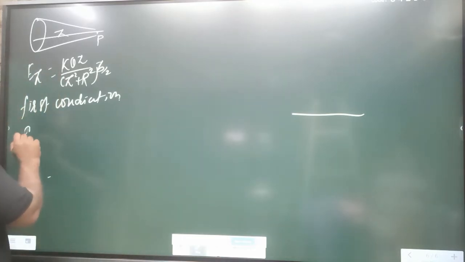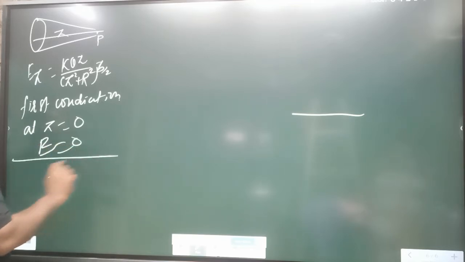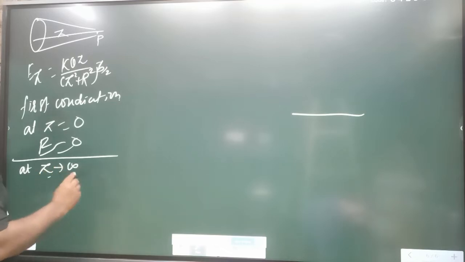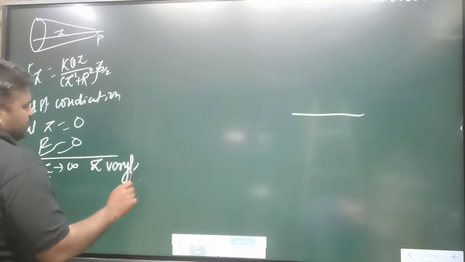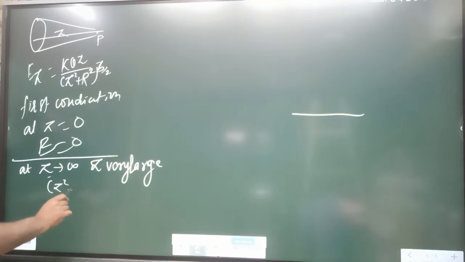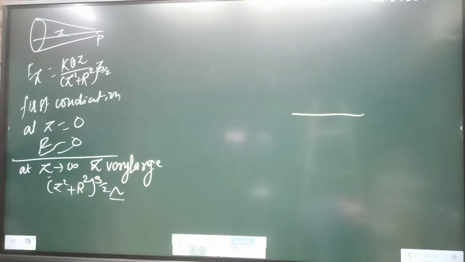First condition, z tends to 0. At z tends to 0, E is equal to how much? 0. And the second condition, at z tends to infinity, or z is very, very large. Then (z square plus r square) bracket to the power 3 by 2 is approximately equal to z cube.